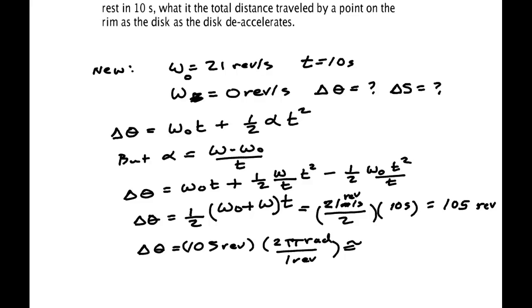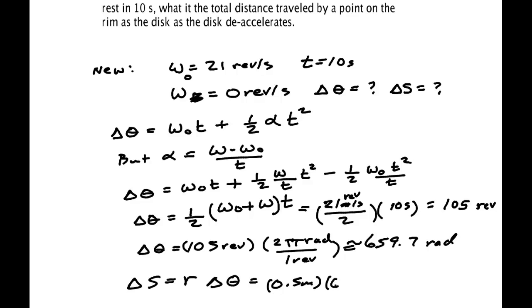Come up with 659.7 radians. Delta S is R delta theta, so that's going to be 0.5 meters times 659.7 rad, and I get approximately 330 meters.